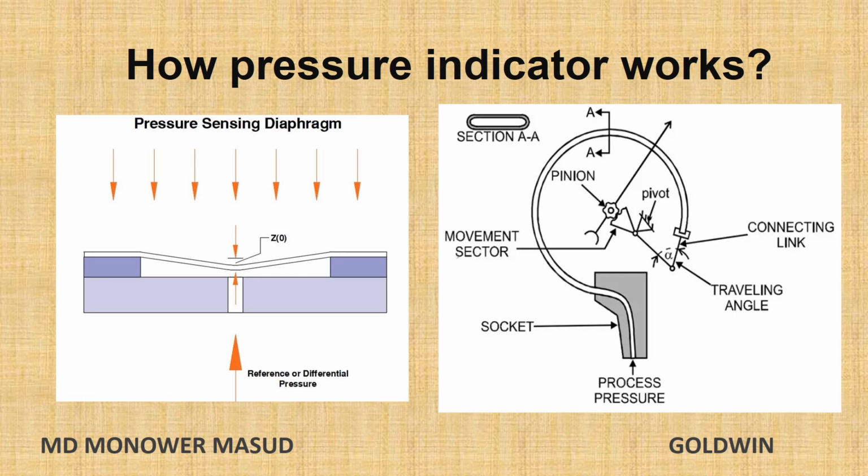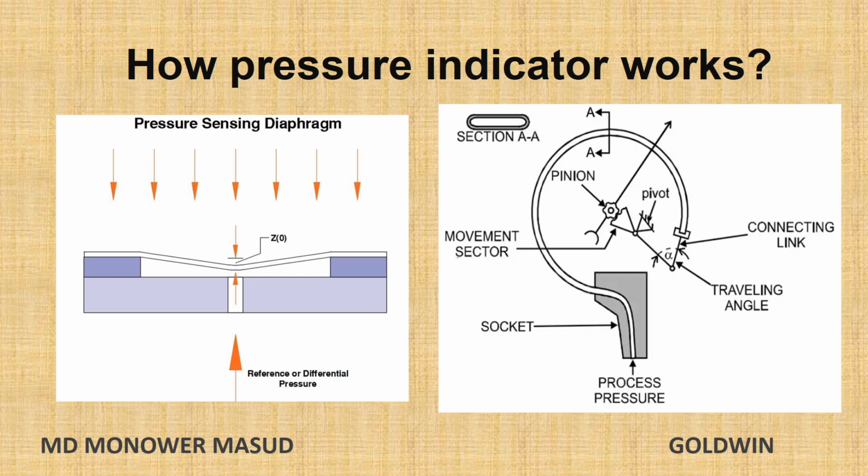Types of pressure indicators. There are various types of pressure indicators, including mechanical pressure gauges. These use mechanical components like Bourdon tubes, diaphragms, or bellows to measure and display pressure. Digital pressure indicators.